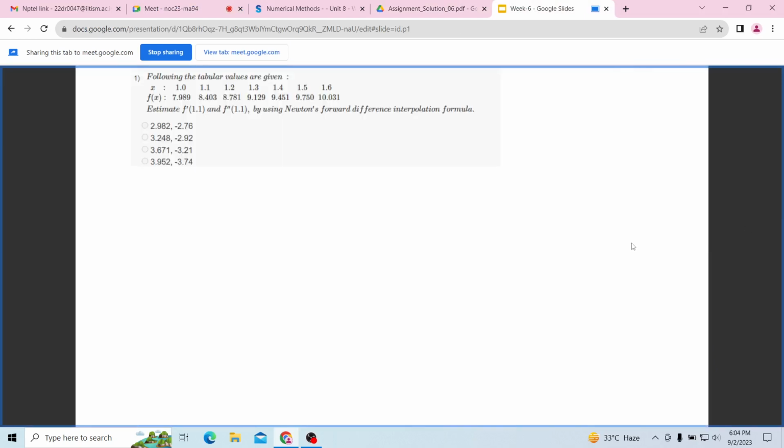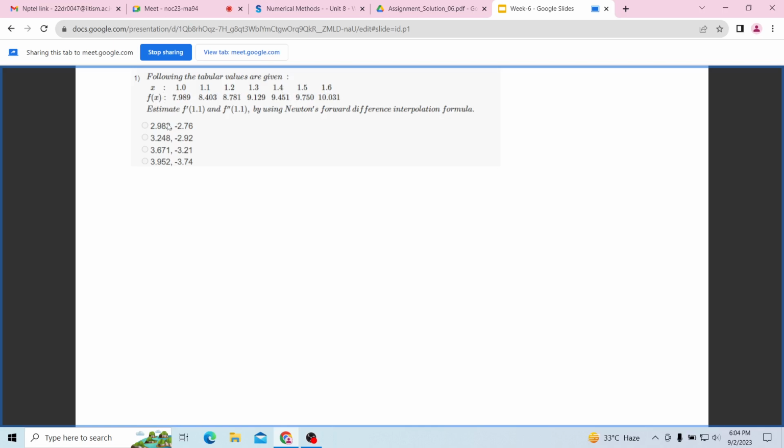So here is your first question. You have been given the following table. Tabular values are given, where x0 is 1.0, x1 is 1.1, x2 is 1.2, x3 is 1.3, x4 is 1.4, 1.5 and 1.6. Corresponding to that we have been given the function value.